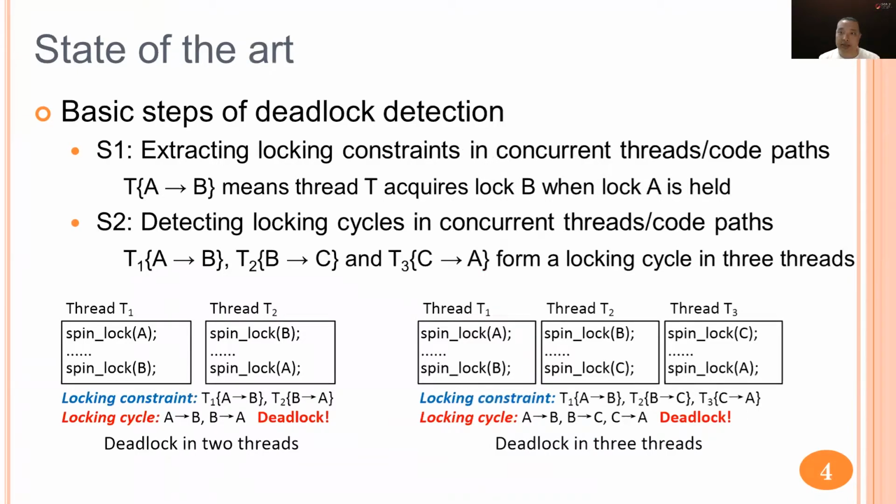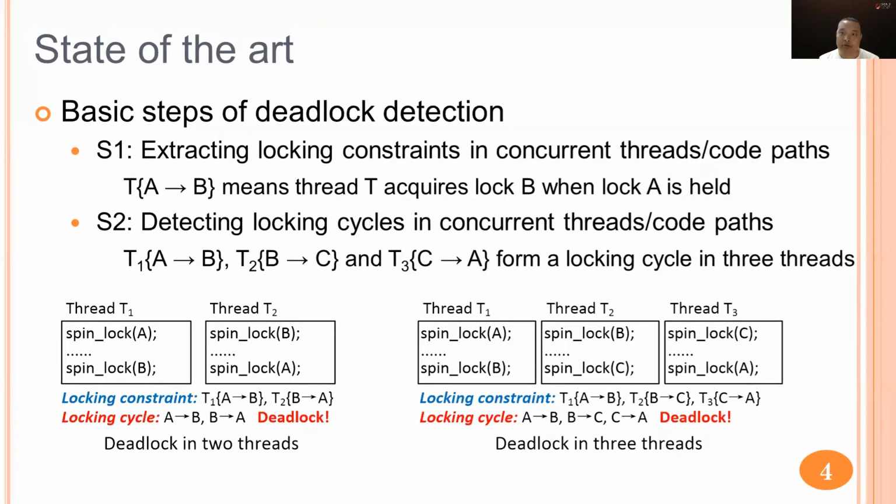To detect the deadlocks, we need to perform two basic steps. First, we need to extract locking constraints in concurrent threads or code paths. A locking constraint describes the dependency of the held locks and the currently acquired lock.